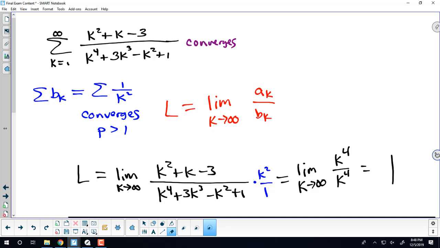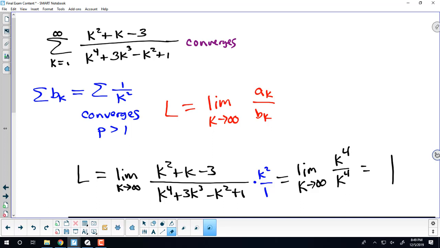I think the way that makes sense to think about that is if you take the limit at infinity and the limit is infinity, what that tells us as far as growth rates of those two things is that this A is growing much more rapidly than B. But if A is growing much more rapidly than B, and we know that B diverges, A has to diverge as well.